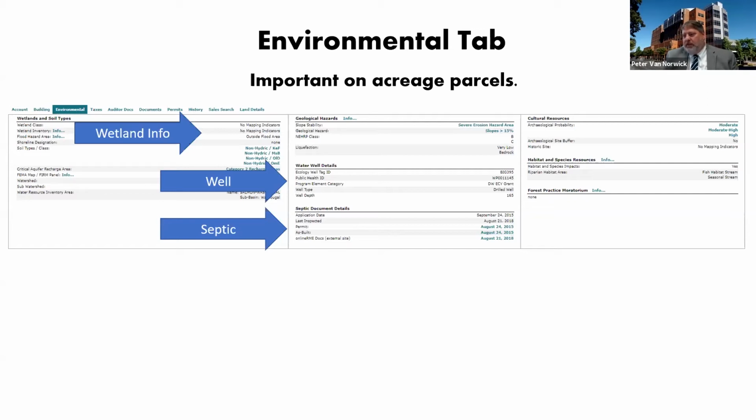Well, first we need to put in a call to the health department and find out how many bedrooms this septic system was designed for and what it would take to go on and do further improvements on the property. So that information is out there and available.